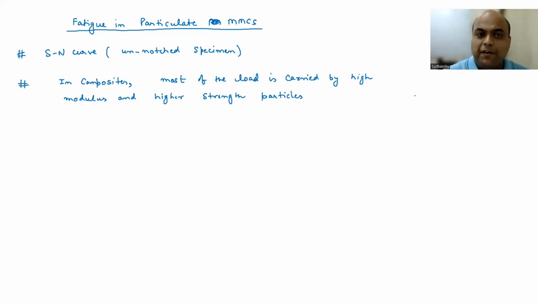Okay, so if you have the composite particulate MMCs, most of the load will be carried by the higher modulus and higher strength particles. That much we know. And when this happens, this will lead to lower average strain of the composite as compared to the unreinforced alloy, or monolithic counterpart.